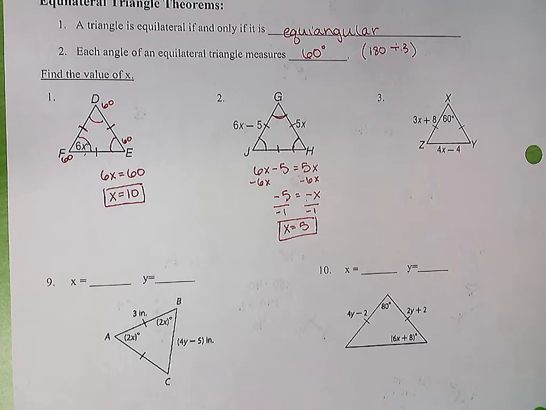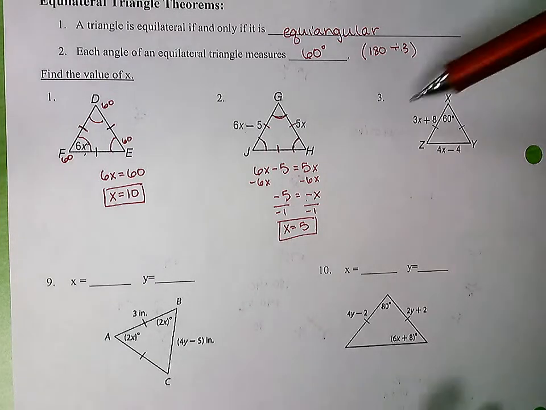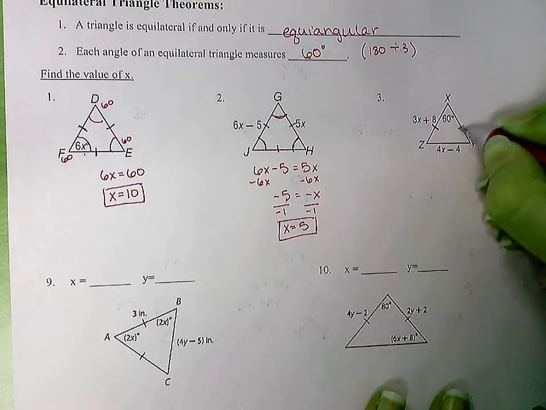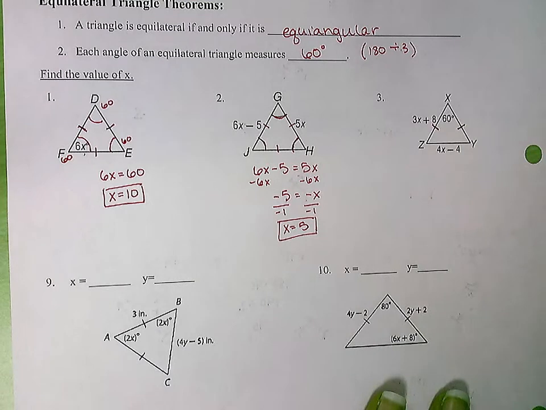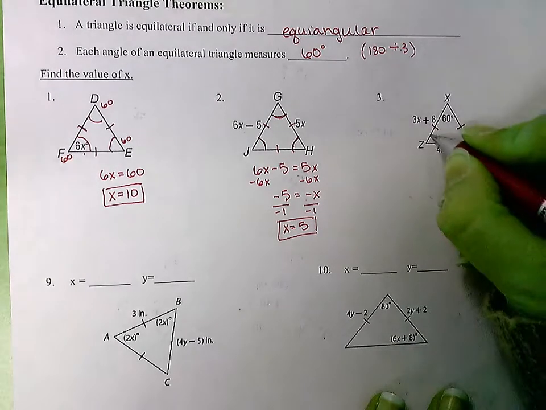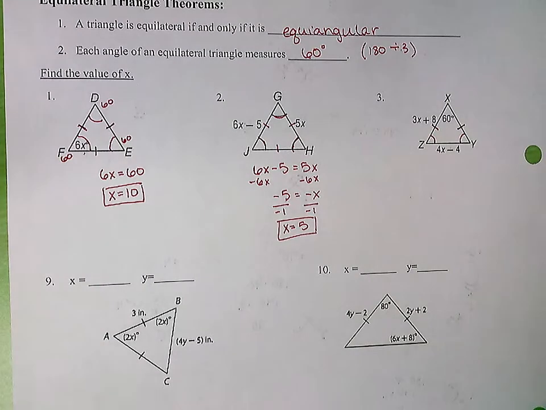All right, so any questions on those first two? All right, number 3 then. I'm given these two sides are congruent. It doesn't say anything about this side. However, I know that these two angles must be congruent by our isosceles triangle theorem.